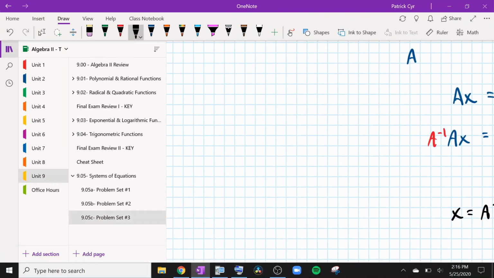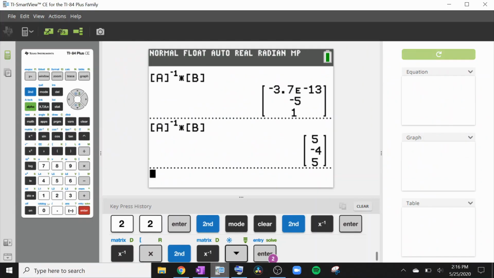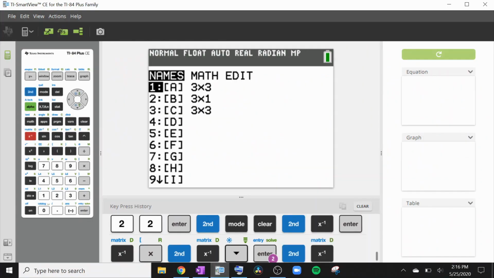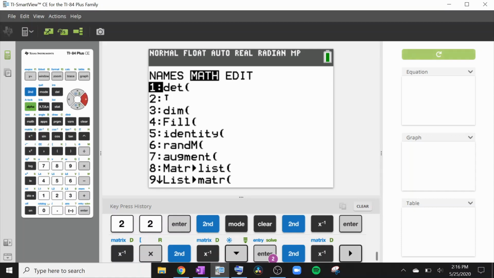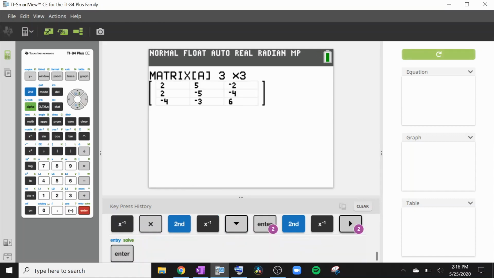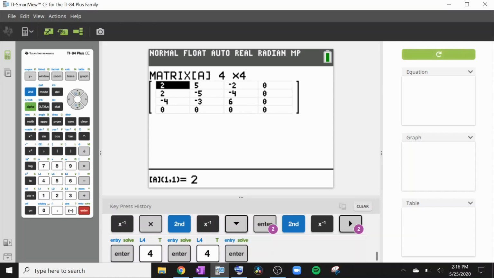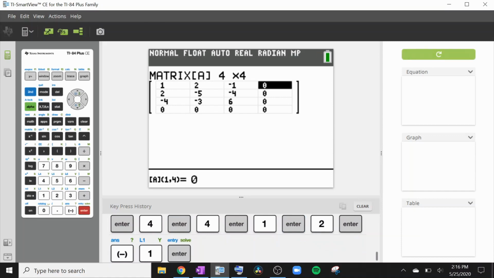So in our calculators, let's go to the matrix page again, and we're going to change matrix A from a 3 by 3 to a 4 by 4. And we're going to enter these values in here. So that's our first row.